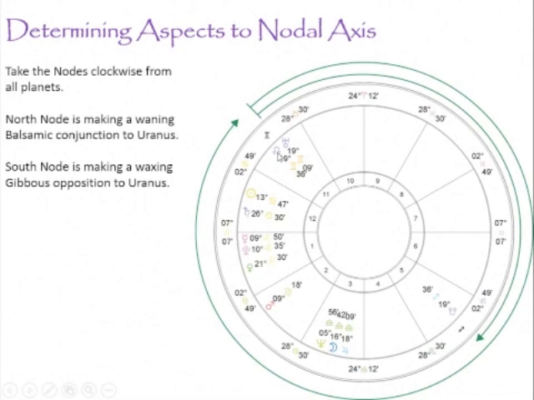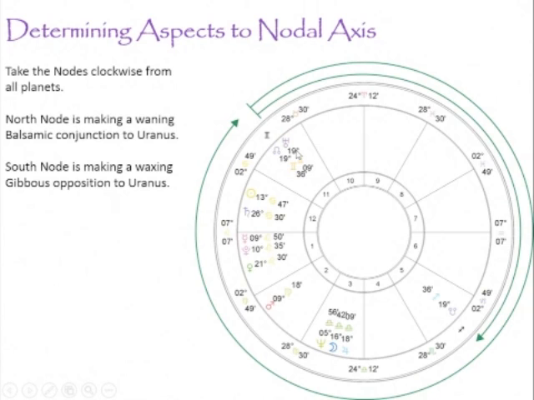As the north node would keep moving, it would eventually get an exact conjunction to Uranus, and then reversing back to 18 degrees Gemini, it would be a new phase conjunction to Uranus. So in this example, again, the south node is a gibbous opposition to Uranus. The north node is a balsamic conjunction to Uranus.